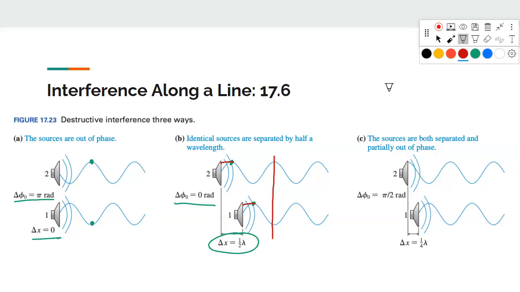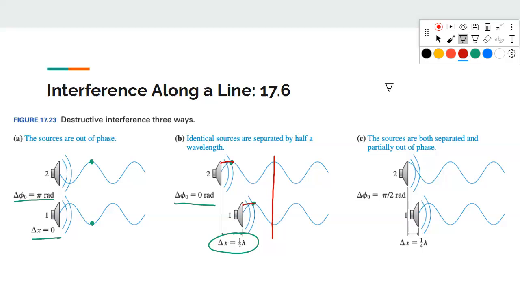So they were synchronized, but where there once was a trough, now there's a crest, or vice versa. And so again we see destructive interference in this image B, and this is purely due to the fact that these speakers are not at the same location.